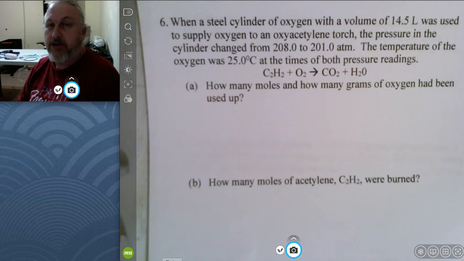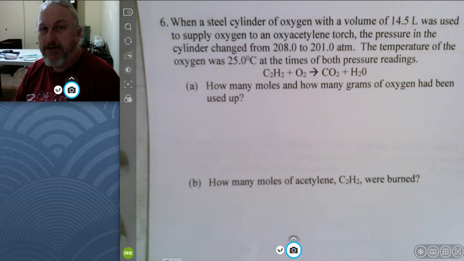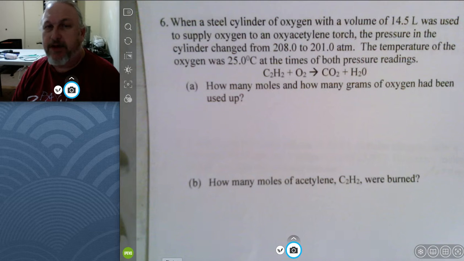When a steel cylinder of oxygen with a volume of 14.5 liters was used to supply oxygen to an oxyacetylene torch, the pressure of the cylinder changed from 208 to 201. I used some oxygen, so my pressure went down. The temperature of the oxygen was 25 degrees C at the times of both pressure readings.